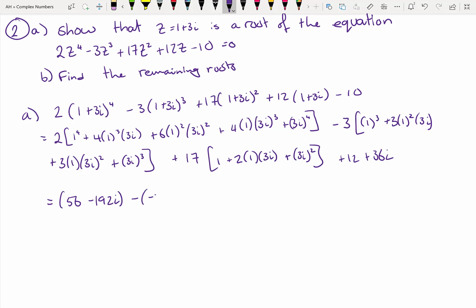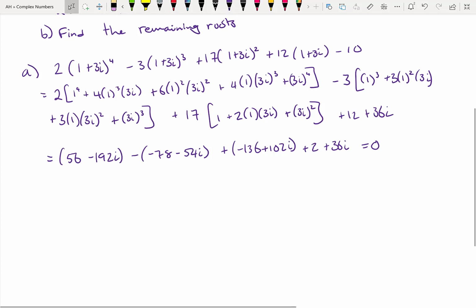Minus, so we've got minus 78 minus 54i, plus minus 192, 136 plus 102i, plus 2 plus 36i. And by the time we work our way through all of those things, we find that actually we are left with nothing. It all cancels out.